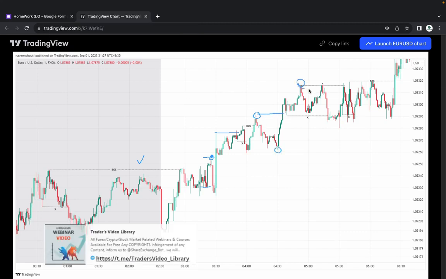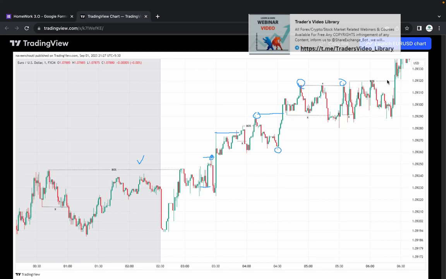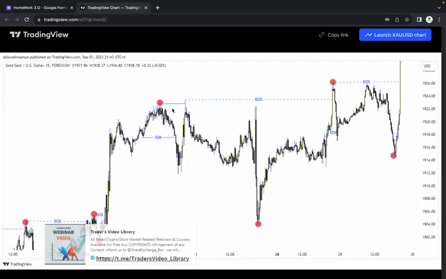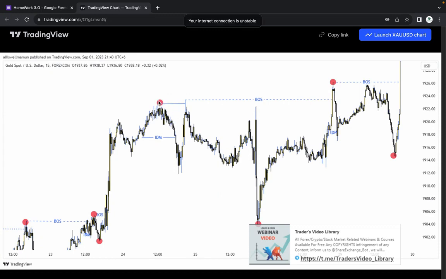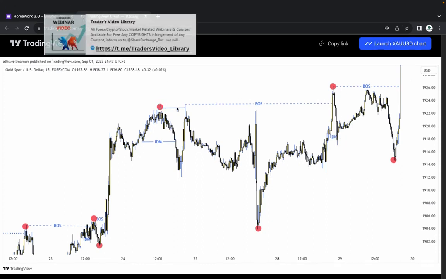This one is a higher high, but just a liquidity grab. In the next attempt, finally the market breaks above it. So these are a few minor errors, otherwise everything is fine. In this case also, higher high, higher low, inducement, push downside, break of structure, inducement. This one also looks valid, right?